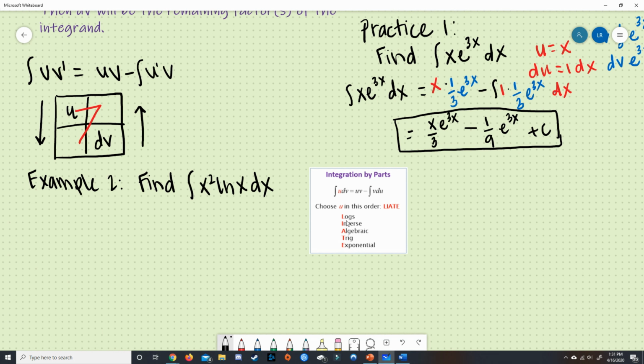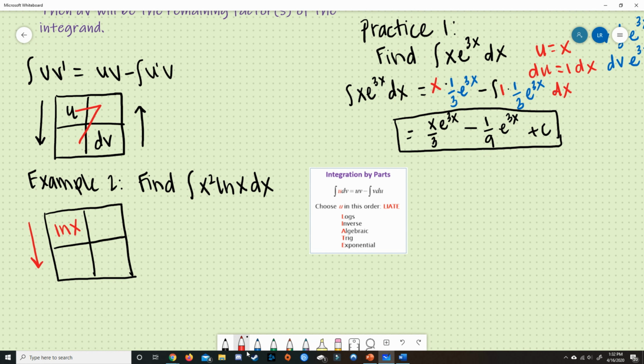So do we have a log? We do. We have ln of x, and so let's choose that for our u. So I'm going to make this little box, and we are going to put our u right in the left-hand corner, and that's ln of x.